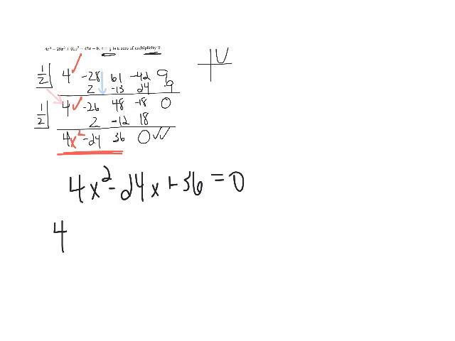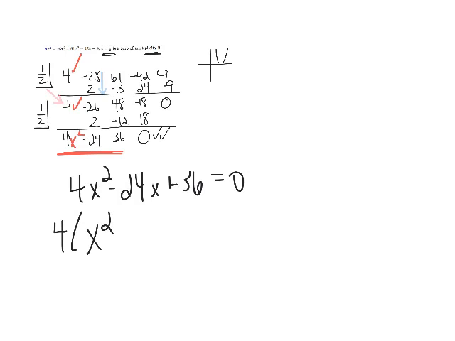Now do not divide everything by 4. I know that we're really tempted to do that, but I'm not just trying to find the zeros, guys. I'm trying to factor a polynomial, and that is different. So by factoring, the 4 has to stick with me throughout the rest of the problem.